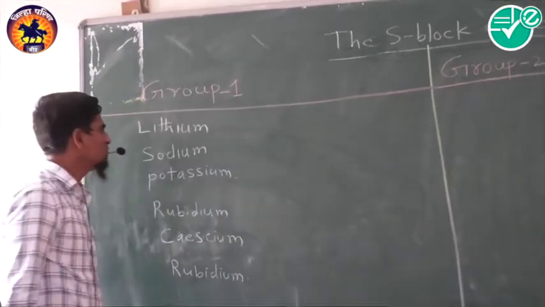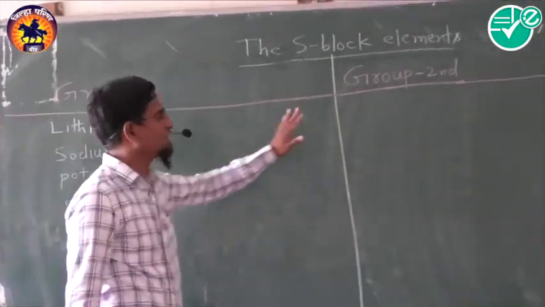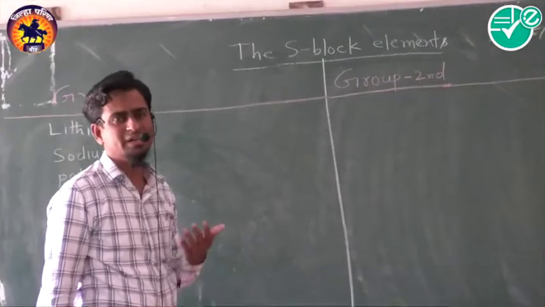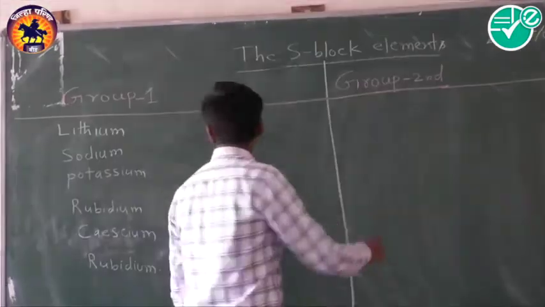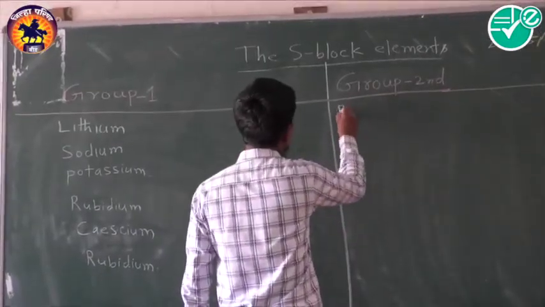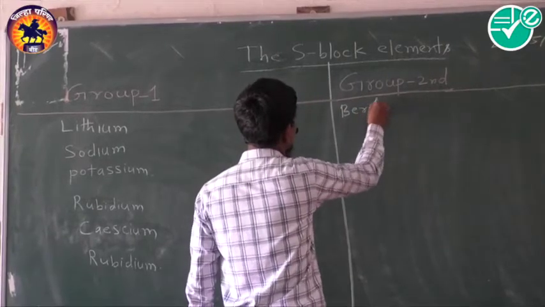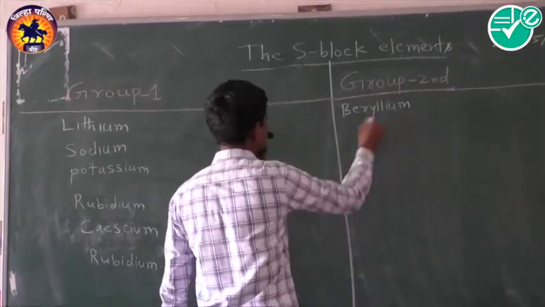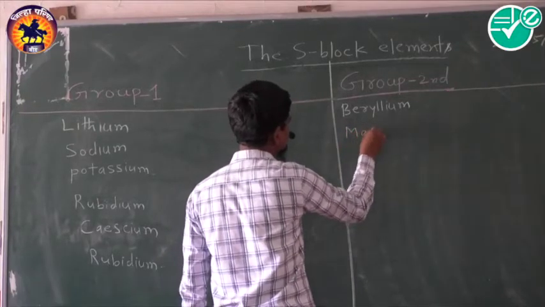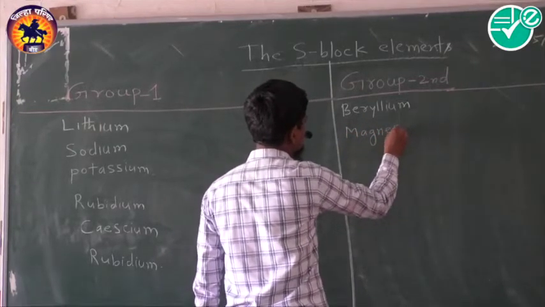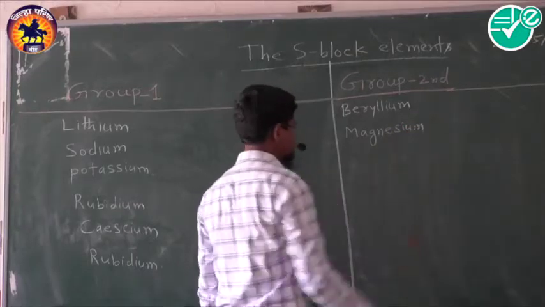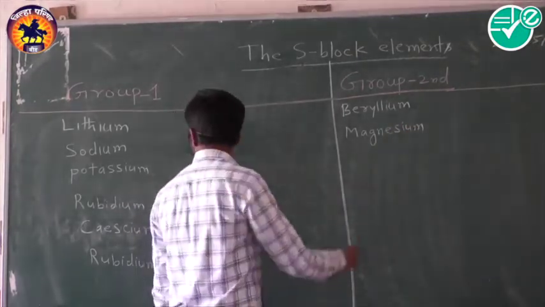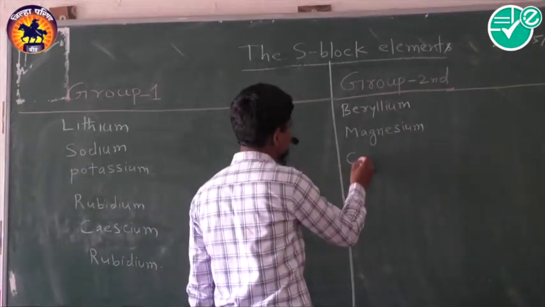Now come towards group 2. What are the elements present in group 2? The first element in group 2 is beryllium. After beryllium, there is magnesium. After magnesium, there is calcium.